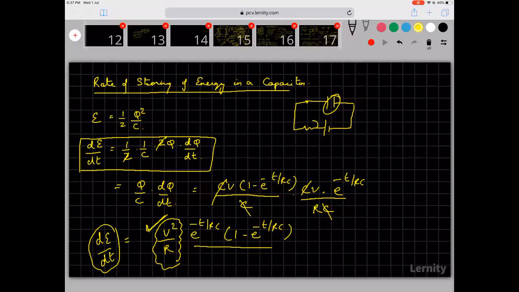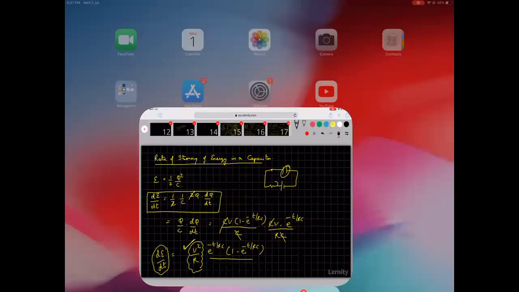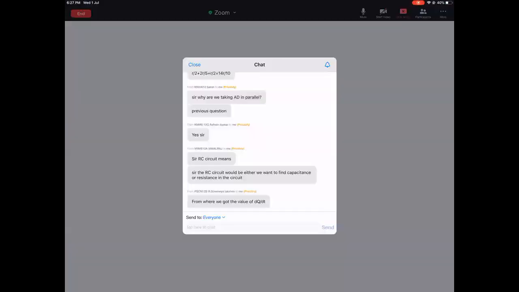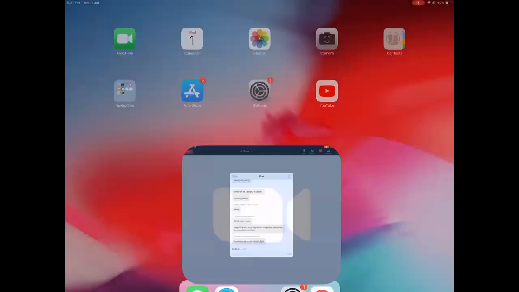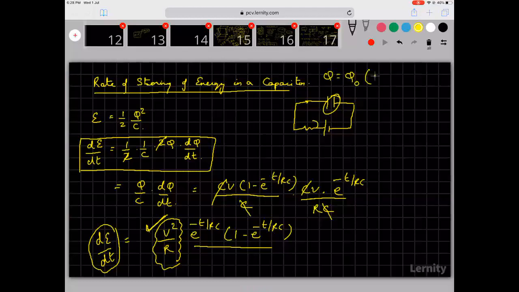Okay. From where we got the value of dq by dt. Q is equal to Q naught into 1 minus e power minus t by RC. So we differentiated this. When we differentiate it, we'll get dq by dt.